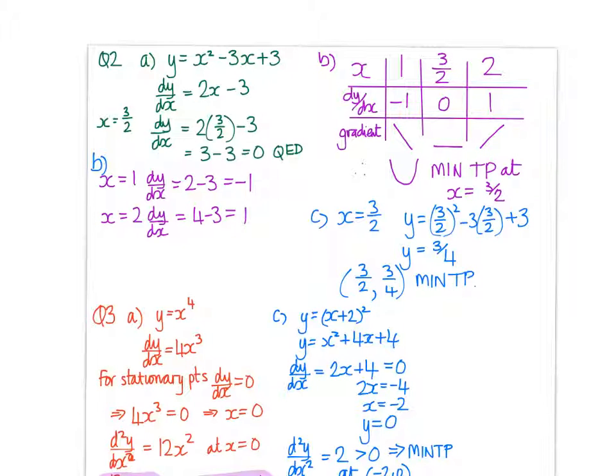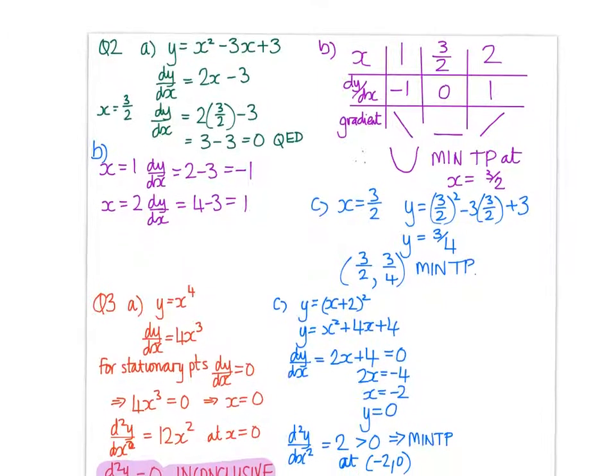Can you notice for part B, it did ask for you to go a little bit before and a little bit after the turning point to find out what the gradient is, and you can see from there that you get a minimum turning point. You could have done the second derivative as well to see if it was greater than 0 or less than 0. So that's another 2 different ways of doing that one.